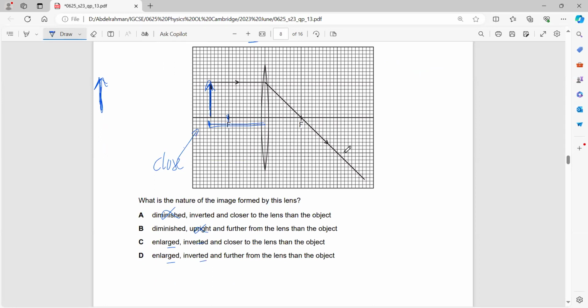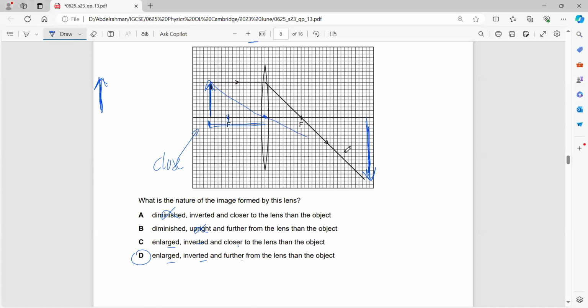Inverted. What about the image? Is it closer or is it further? Actually, the image becomes further away from the lens. The image will appear somewhere around here. You can draw it using a ruler, continuing the line passing through the center.